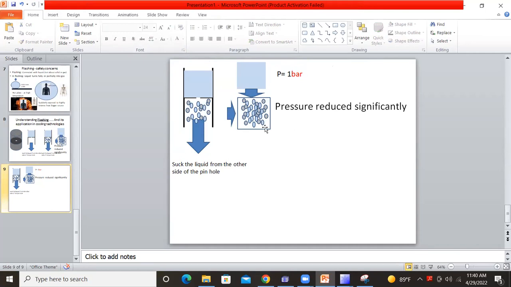And now let's say this pressure reduced to 0.5.